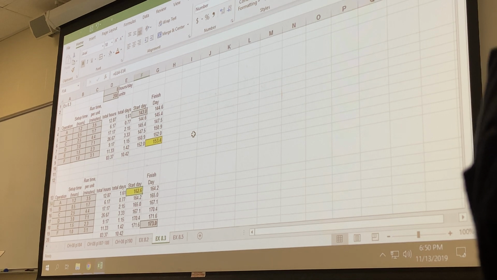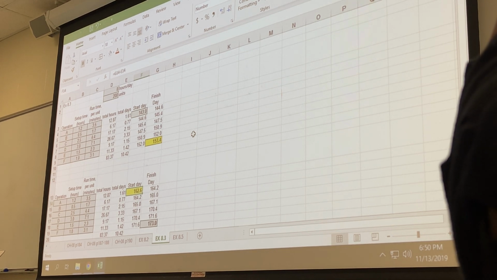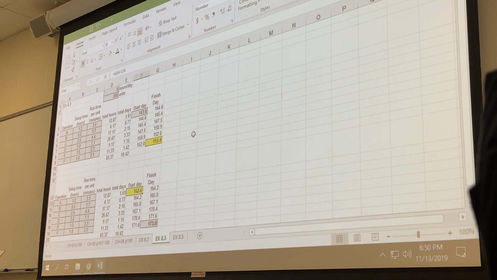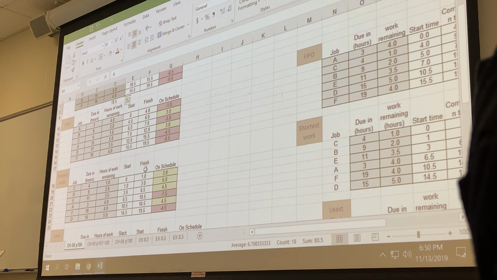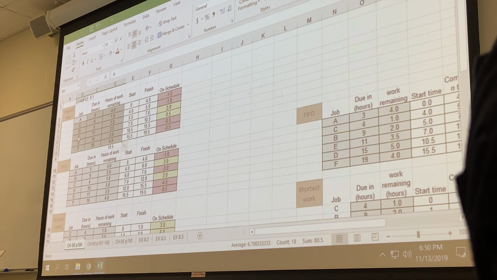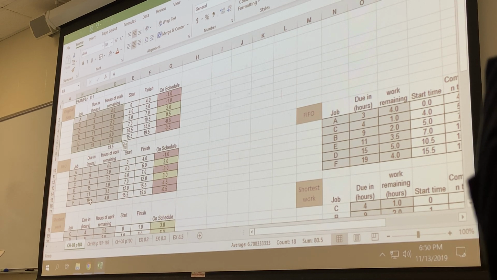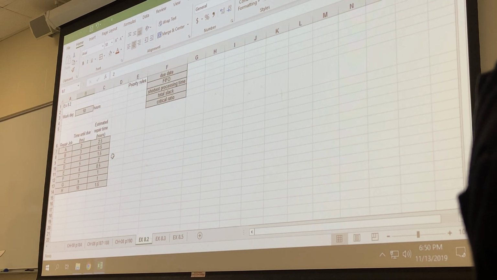Right, but if you go back to the example where I resorted it and swapped D and E, due date and FIFO aren't the same because D is bigger than E. But in 8.2, they are in order, so yeah, due date and FIFO would be the same on that one, right?